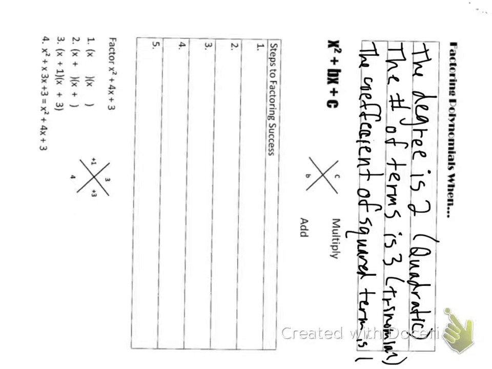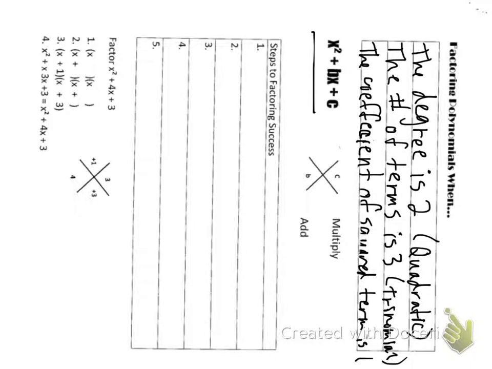Like I said, you should have seen this in Algebra 1. So, once again, it's the form x squared plus bx plus c. We're going to be using this little x over here to factor today.